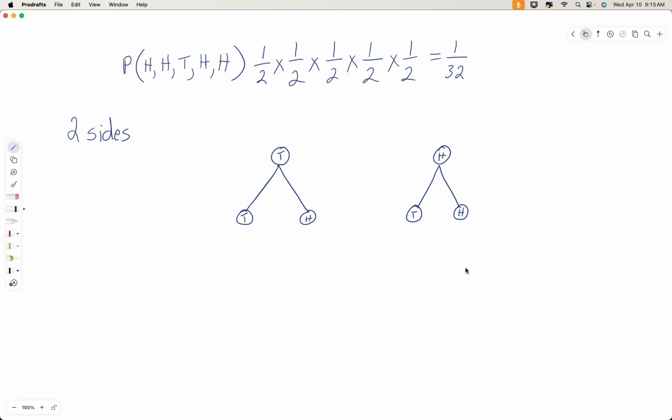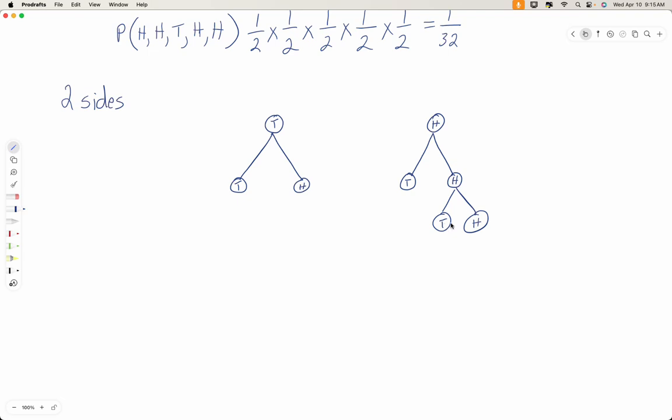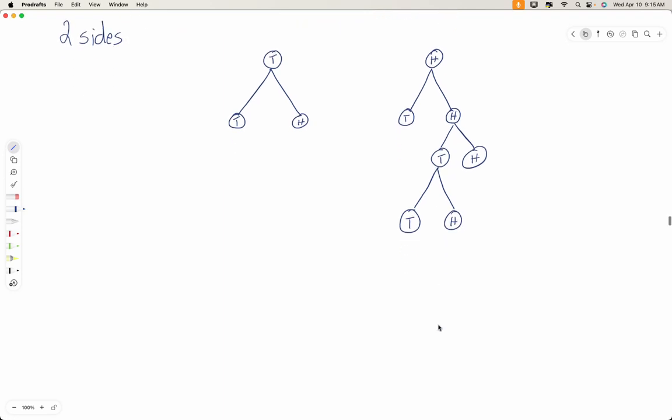The second time we toss it, we want it to be heads, it's either going to be tails or heads. We want it to be tails this time, so the next time it's either tails or heads. And then we want it to be heads again, so it's either going to be tails or heads.